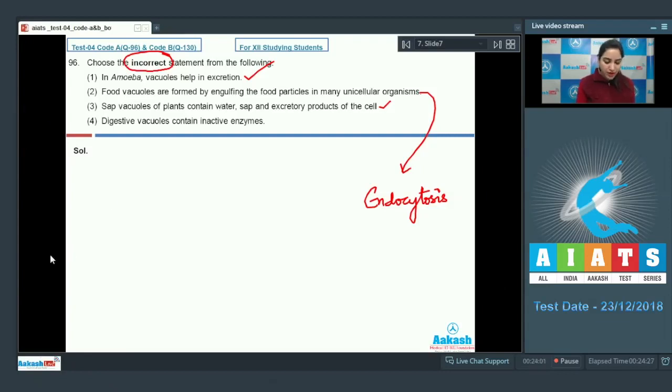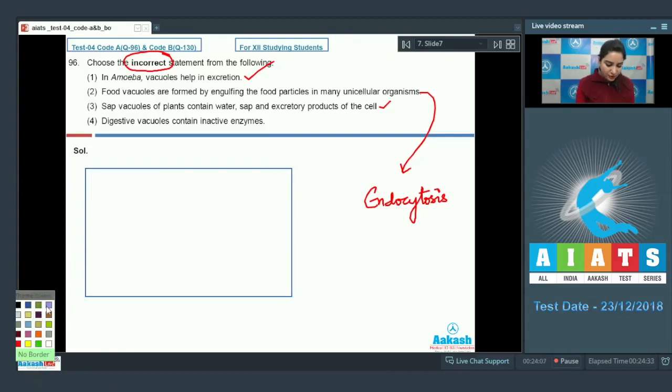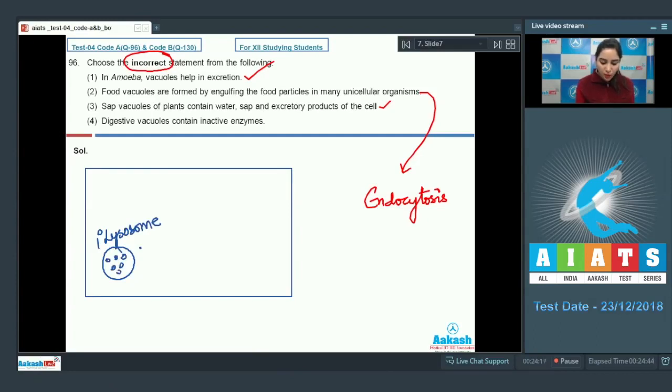The reason is, students, when we talk about lysosome, let us say this is a cell and we have this primary lysosome. Primary lysosome will have certain enzymes in it which are inactive.